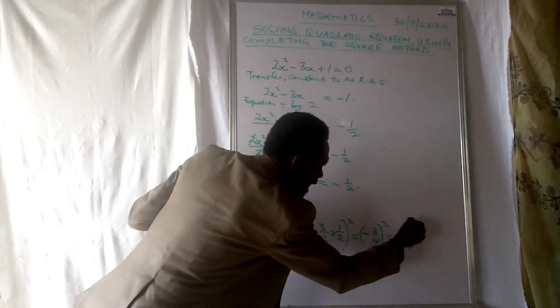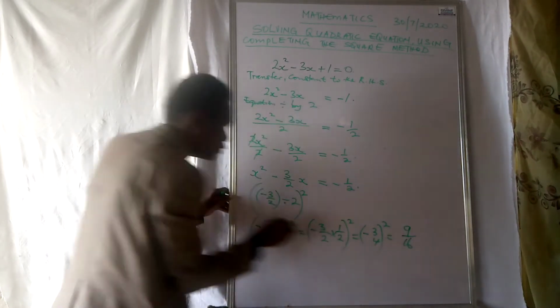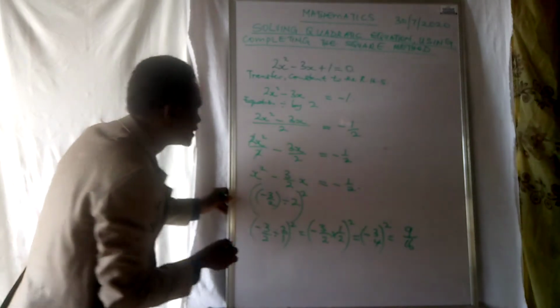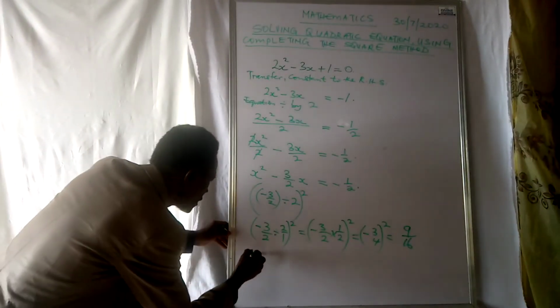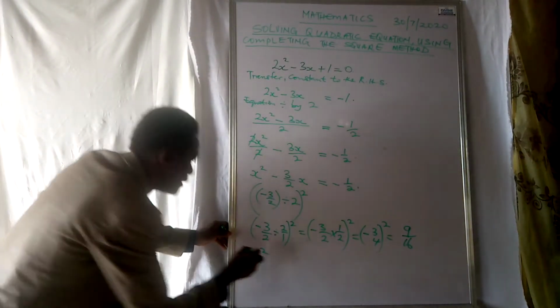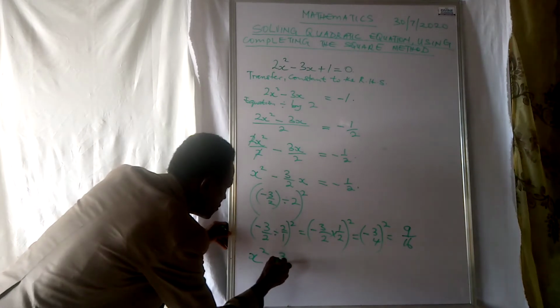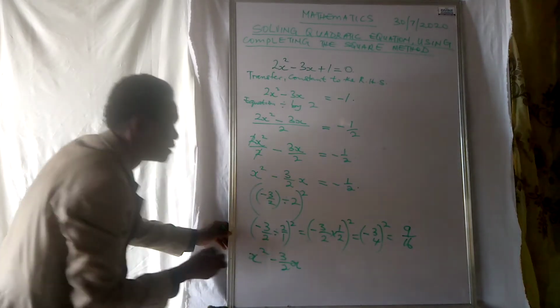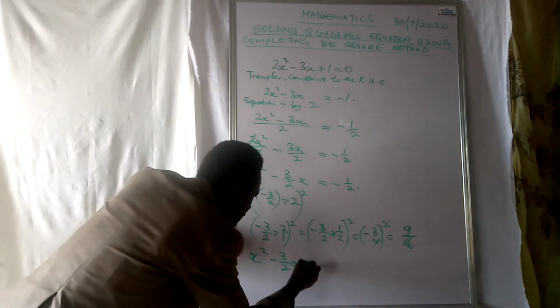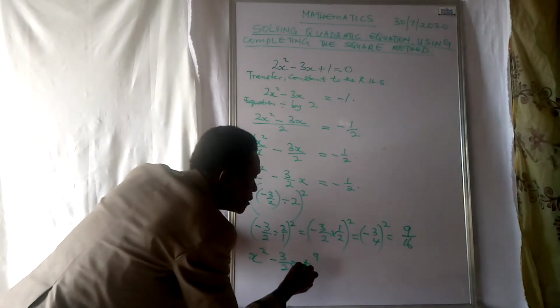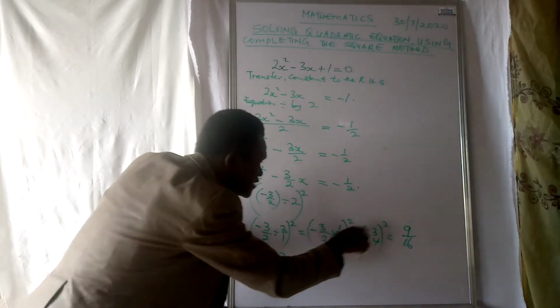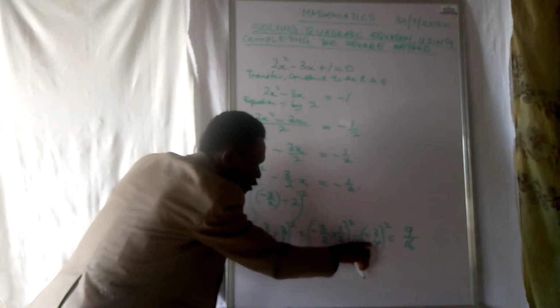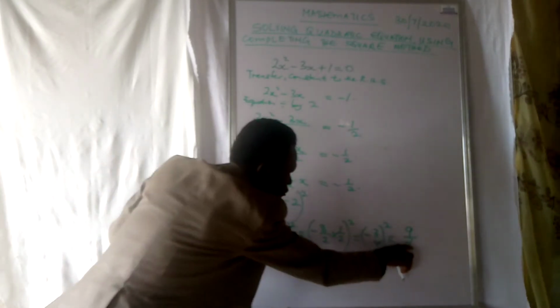So we are going to add this 9 over 16 to both sides. So it now becomes x squared minus 3 over 2 x, plus 9 over 16. We add this to the left hand side, and we add this one to the right hand side.